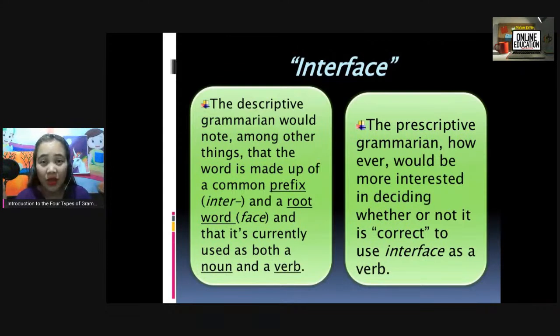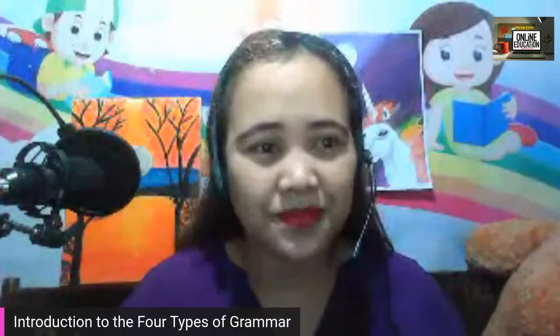So that's how we are going to use it. We are critical, for example, in formal writing. As much as possible, we are going to follow the prescriptive grammar, and that's why we always apply the prescriptive grammar. Okay, so let's go back to the first presentation.